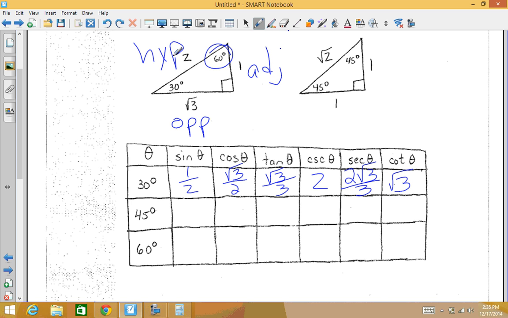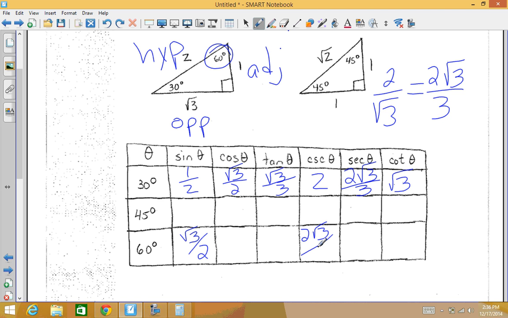The sine of 60 is the square root of 3 over 2, opposite over hypotenuse. If we want the cosecant, we flip that over, get 2 over the square root of 3, and if you remember from earlier, that becomes 2 square roots of 3 over 3.